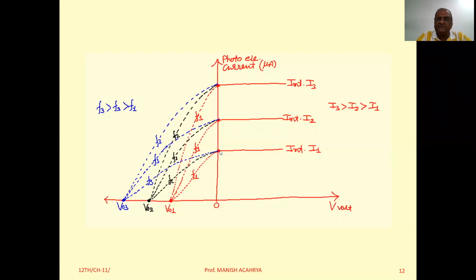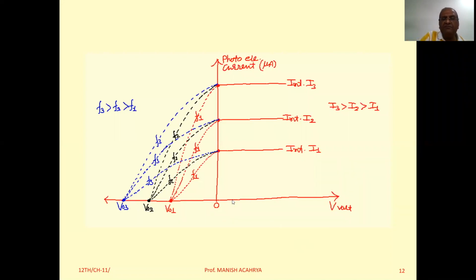Then after, the experiment was repeated. Now in the second experiment, the frequency was kept constant, F1, but the intensity of the radiation was increased from I1 to I2. I2 is greater than I1. And they observe this thing, if intensity is increased, then current also increases.